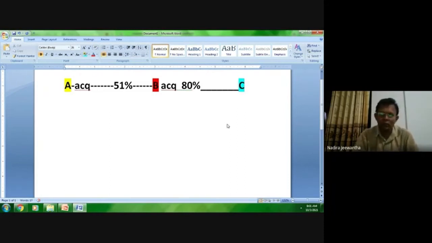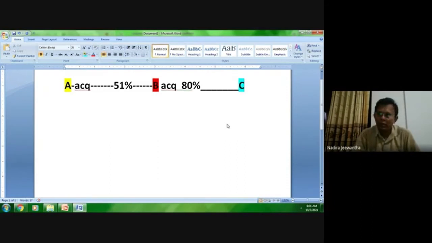No. Subsidiary. Why? More than 50%. To become an associate, how much shareholding? Minimum 20%. A acquires B, 51%. A is holding 51% of B's shares.